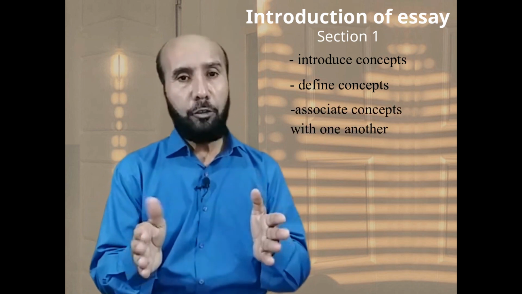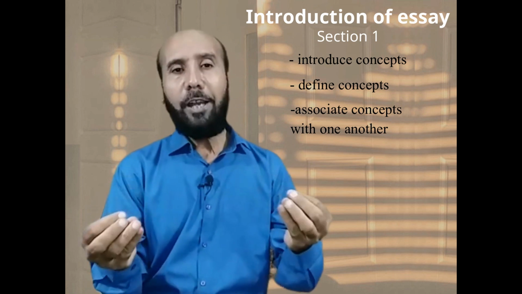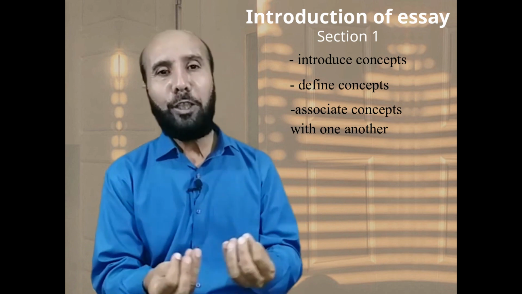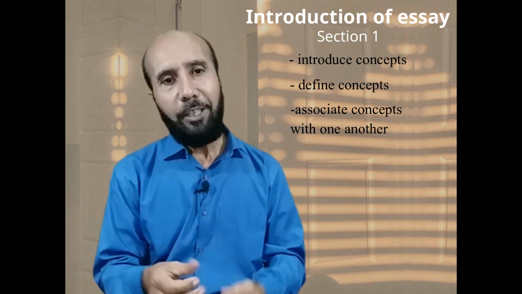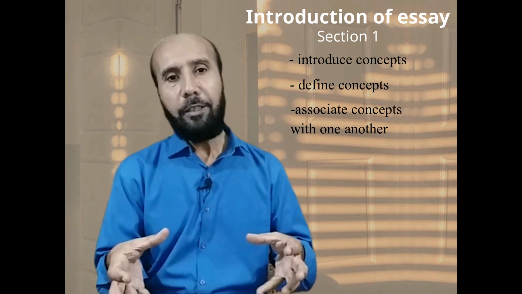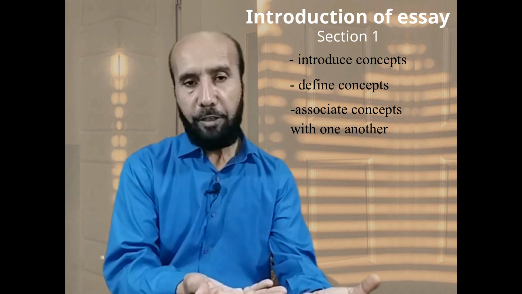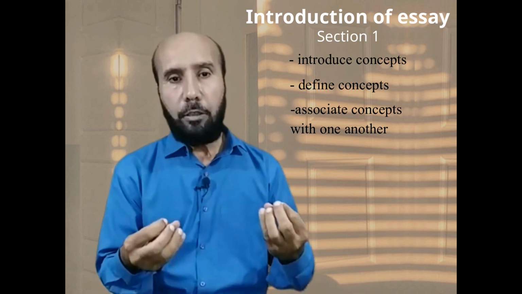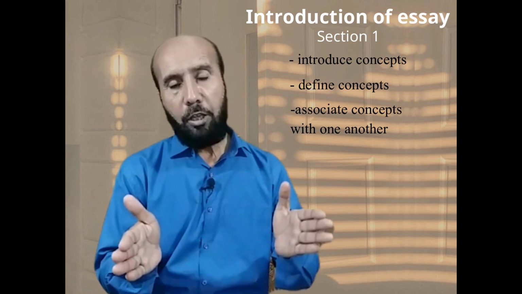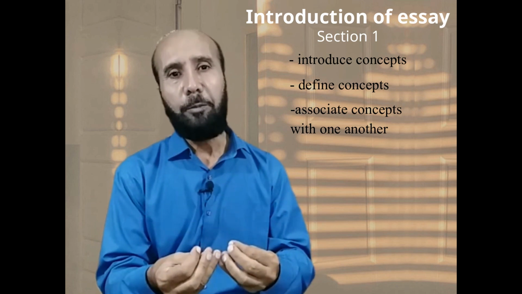And number three, the third point in the first section of the introduction is to highlight the relationship between these concepts. In the world of research, these concepts are known as variables. So here you have introduced your variables or concepts, given some kind of definitions, and the third point is the relationship between these concepts.